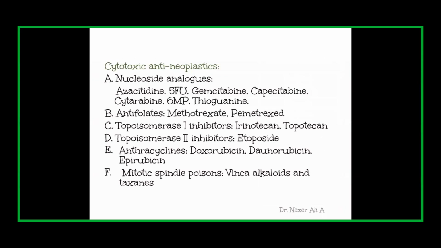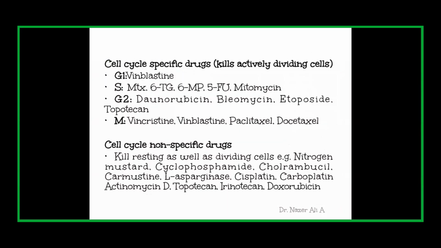So under the cytotoxic anti-neoplastics, as we have already discussed, we have all the alkylating agents and all the anti-metabolites. Anti-metabolites means we have folate antagonists, purine antagonists and pyrimidine antagonists, and also topoisomerase inhibitors and some of the anthracycline antibiotics. Okay, so we can divide these drugs at the level of their action, whether they act specifically at a certain cell cycle phase or are non-specific.